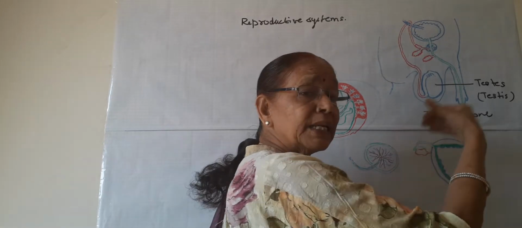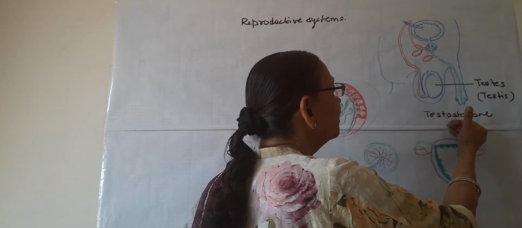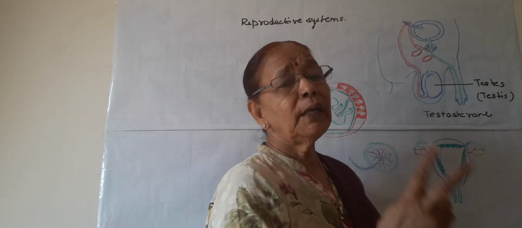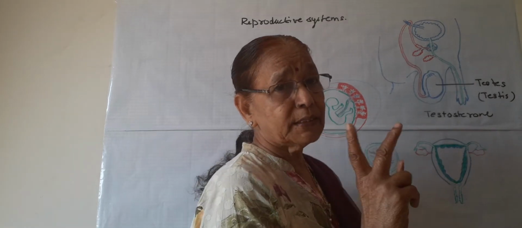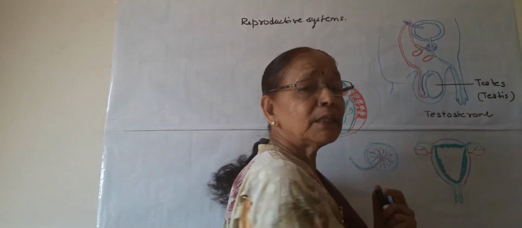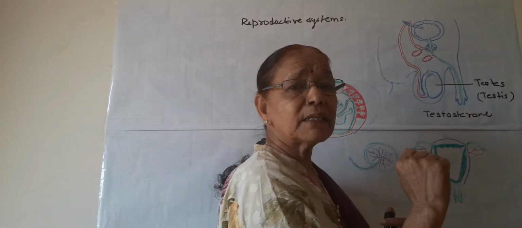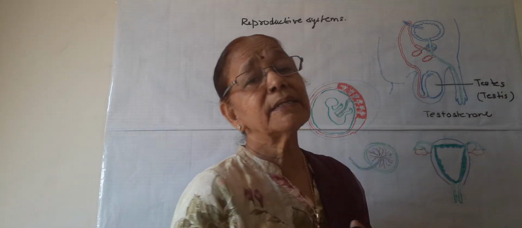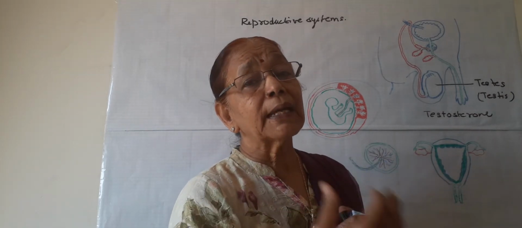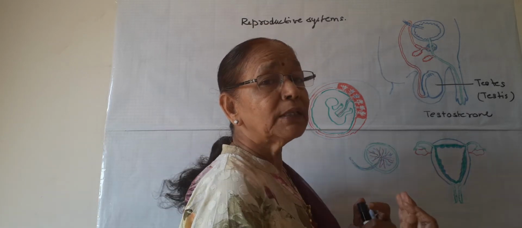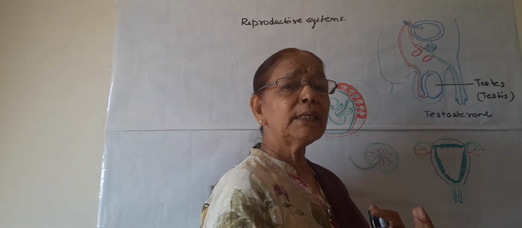So the secretion of testosterone by these testes increases, and this testosterone functions in two ways. First, it helps in the production of sperms or male gametes in these testes, and second, it is responsible for secondary sexual characters at puberty. What are the secondary sexual characters in boys?